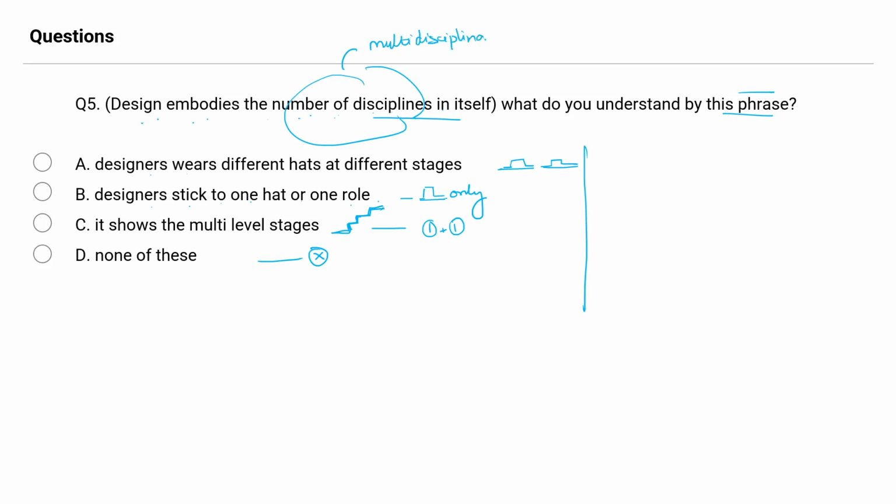I'll go with D. I changed my answer from C to D. I think none of the above. Yeah. I will also go with the D. I'm changing my C. Because I think it means design embodies the number of disciplines. So design innovation is not one discipline; it has a multidisciplinary thing. But here, the answers are not matching with that actually. First three answers do not match.